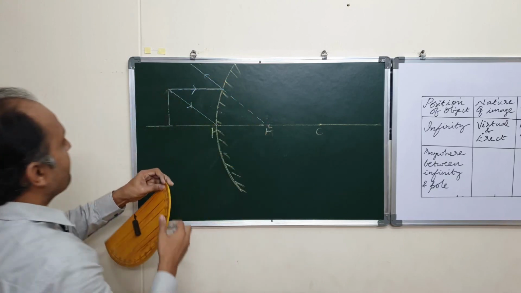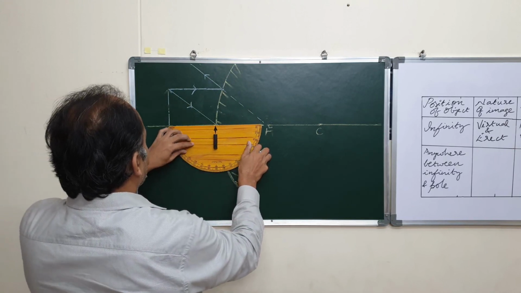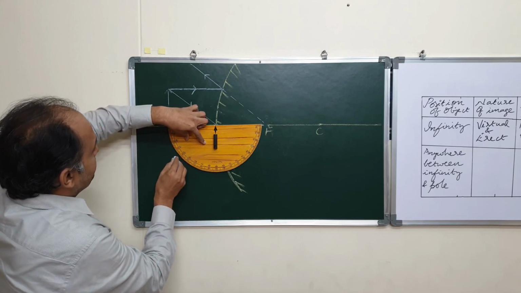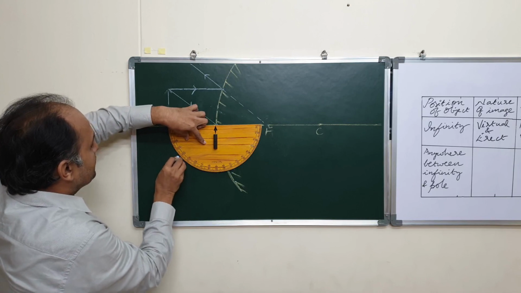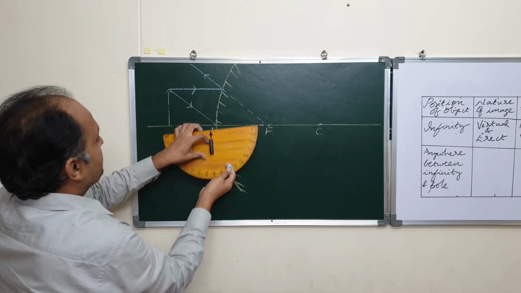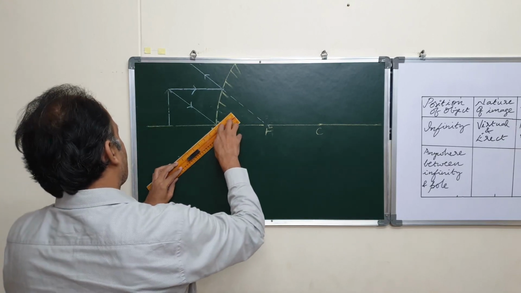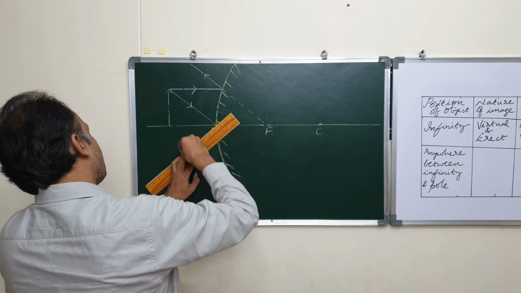Okay, so we will mark the same 38 degrees even this side. That is somewhere over here. So we will draw the ray at the same angle.